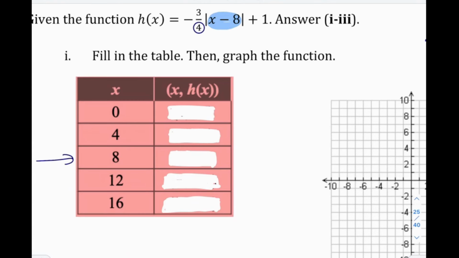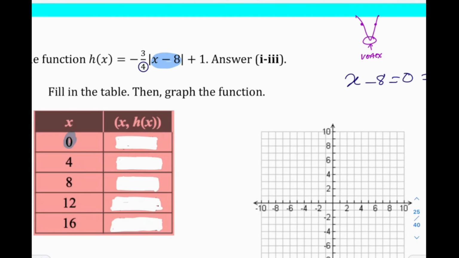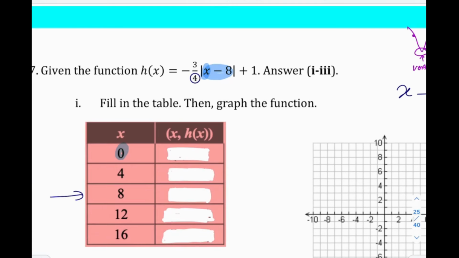What are we going to do with these points? Every x chosen will be replaced instead of the x in the original function. So, for example, if x is 0, h of 0 is negative 3 over 4, and you replace the x by 0, absolute value of negative 8, plus 1.